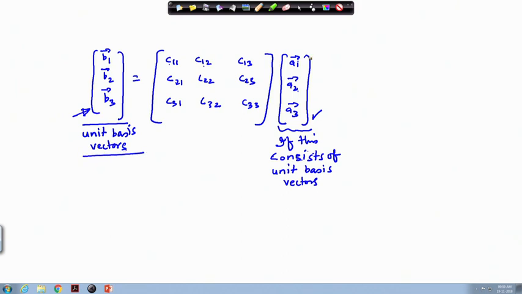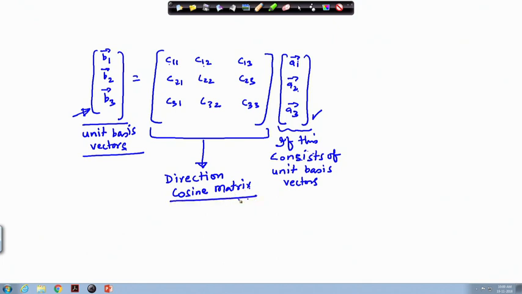So, this is basically a vectrix, and on the left hand side also you get a vectrix. The matrix that we have got here is called the direction cosine matrix, because all the terms appearing here are functions of direction cosines, the cosine angles.